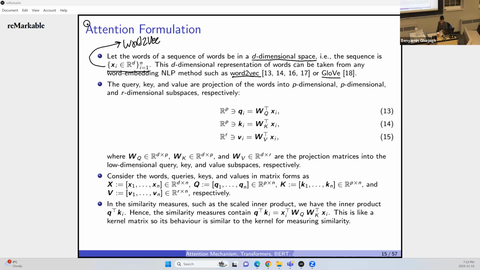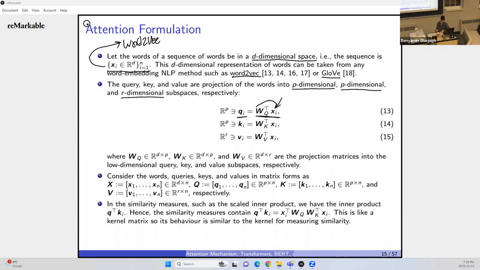Then the query, key, and value are projections of the words into p-dimensional and r-dimensional subspaces. So here in attention, we are not considering xi directly as qi. After some linear projection, we calculate qi with some weights. What is this?